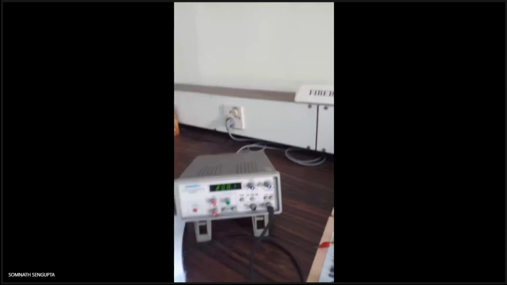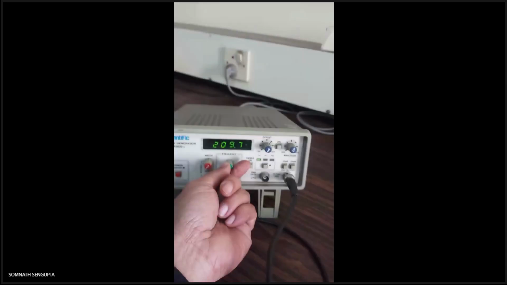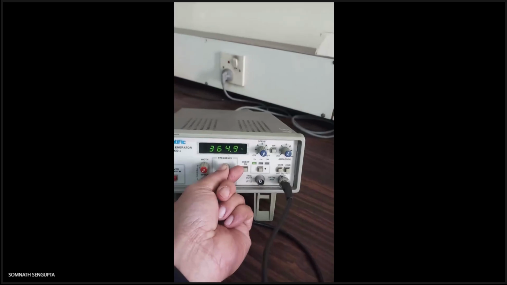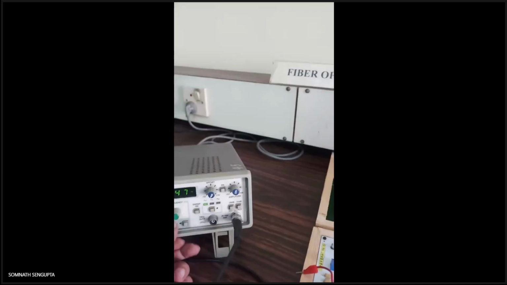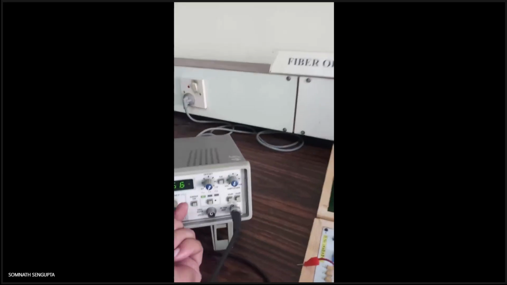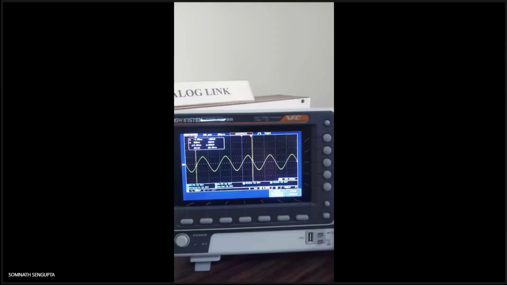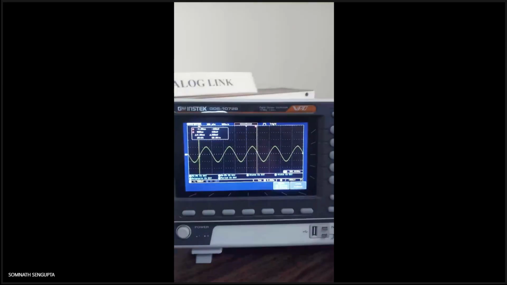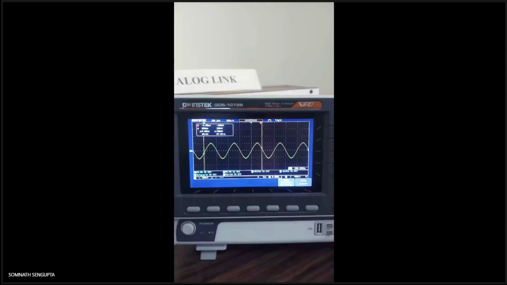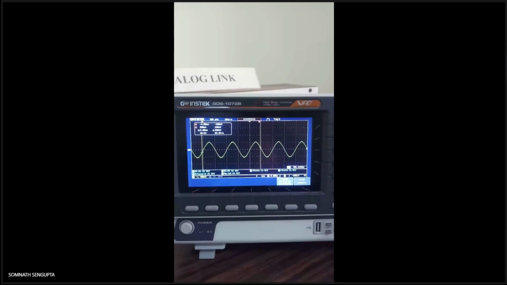Then we go for 500 hertz. So there also you see for 500 hertz output, it is 1 volt peak to peak.